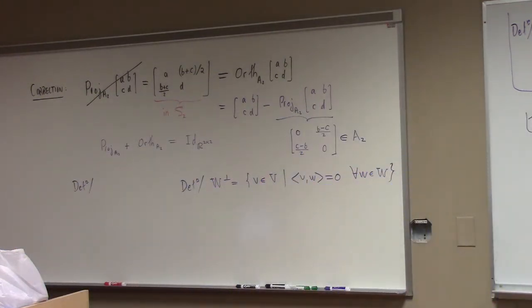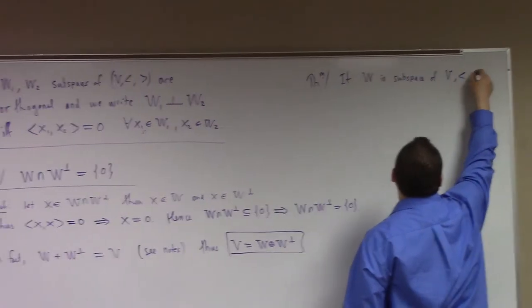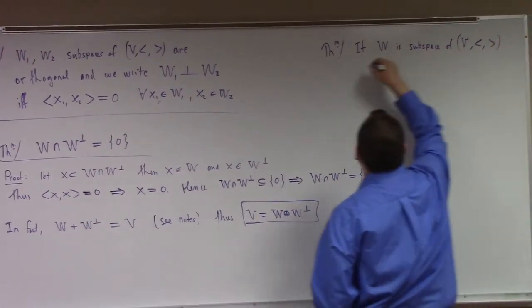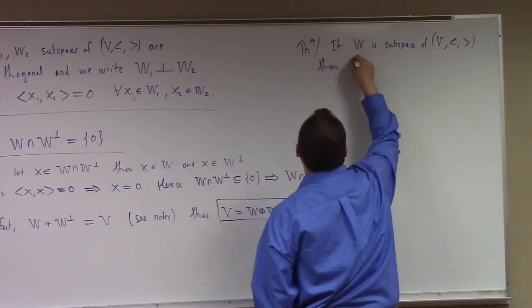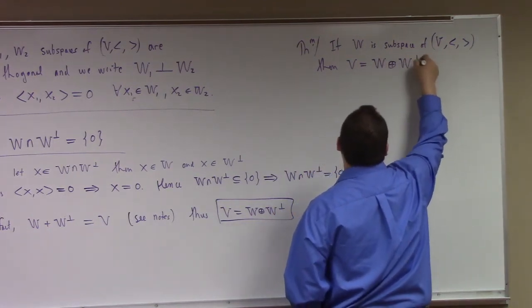So let me just put everything together here. If W is a subspace of V, which is an inner product space, then V is equal to W direct sum W perp.